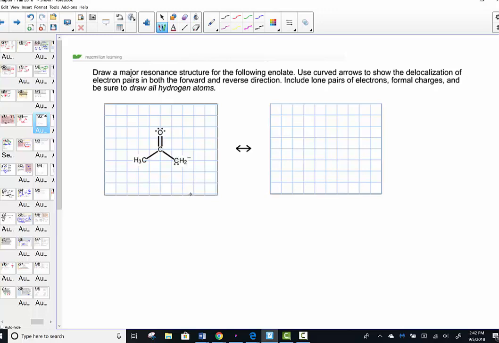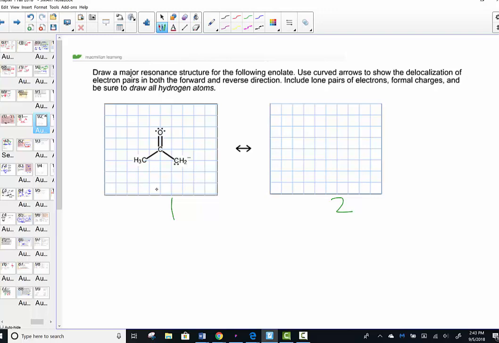So we have to turn this structure, I'll call structure 1, into structure 2. And then on this side, we have to draw arrows that turn it back into the original structure. Make sure that you include lone pairs and formal charges. And it does tell us to draw these hydrogen atoms, as much so as they've done here.